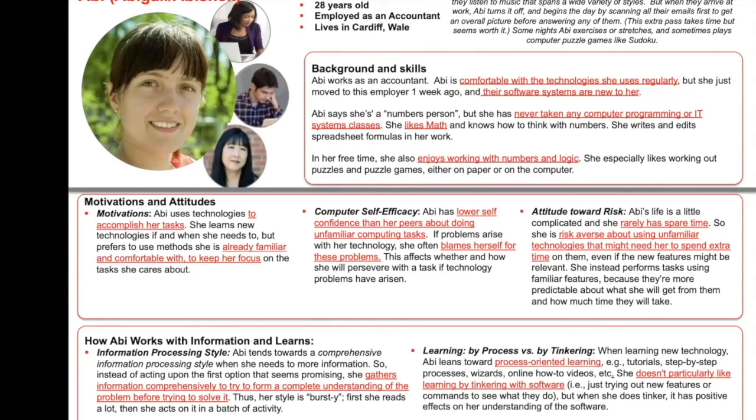So for example, we made Abby an accountant, but Abby could be a truck driver if what you're evaluating is dispatching software. Or Abby could be a teacher if you're evaluating CS education software. Or Abby could be a student if you're evaluating your course registration systems. Or Abby could be an artist if you're evaluating computer-aided art.